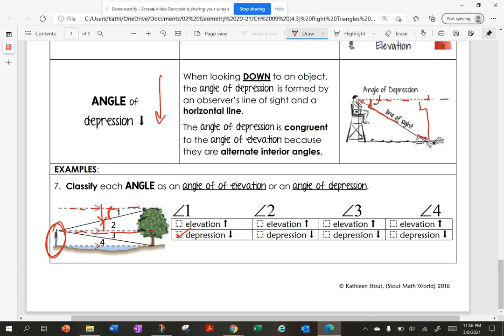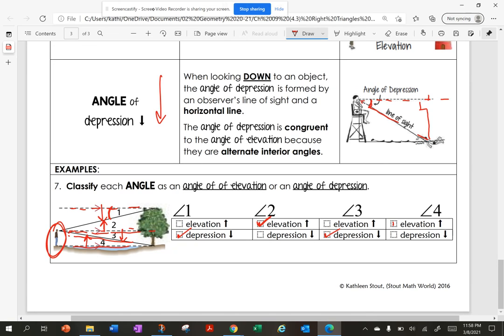I'm looking up, so this would be an elevation. Number 3, here's the horizontal, I'm going down, so I know that's a depression. And 4, the horizontal is here, so I'm looking up. So that would be an elevation. Okay, we got a couple problems to practice these skills.